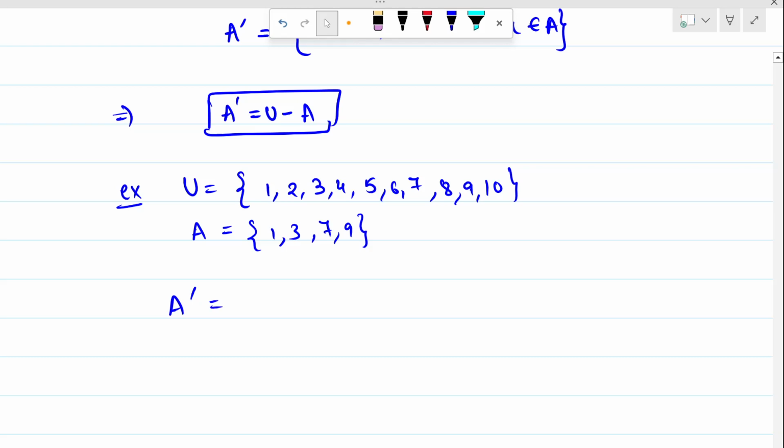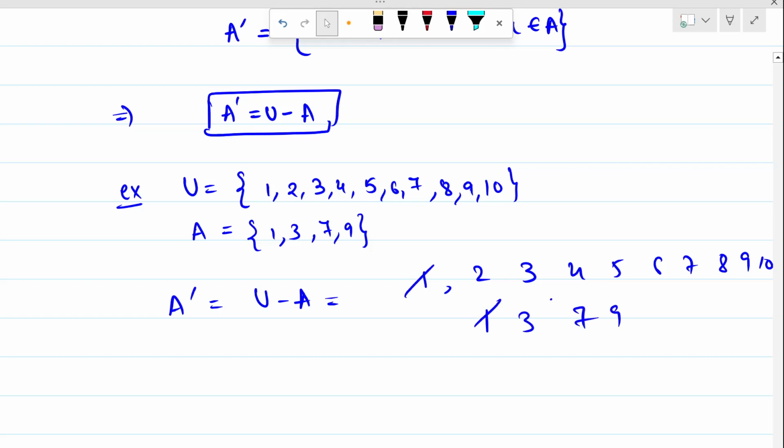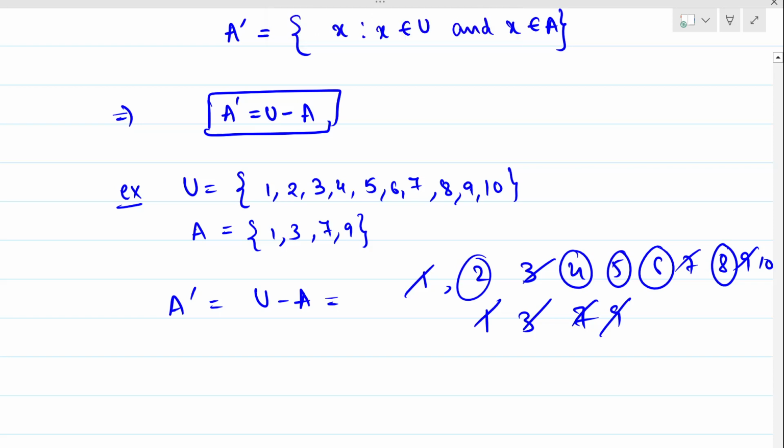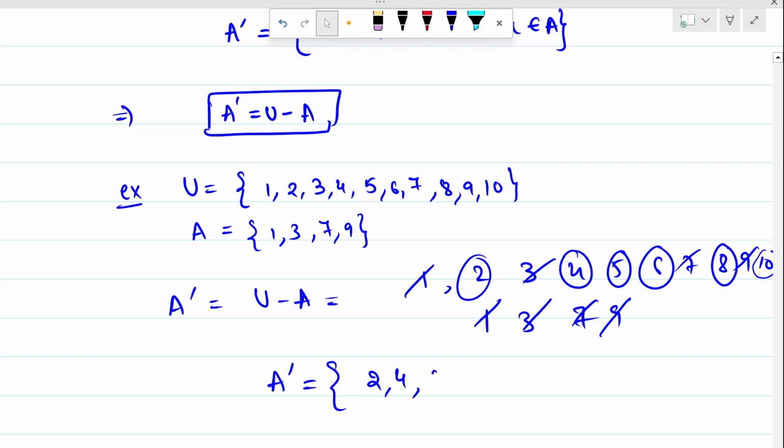So A dash is equal to U minus A. We subtract like we have done previously: 1, 3, 7 and 9 are removed. So we are left with 2, 4, 5, 6, 8 and 10. So A dash is equal to 2, 4, 5, 6, 8 and 10.